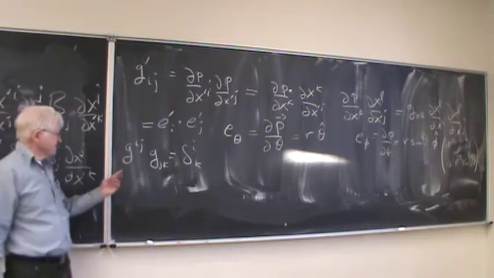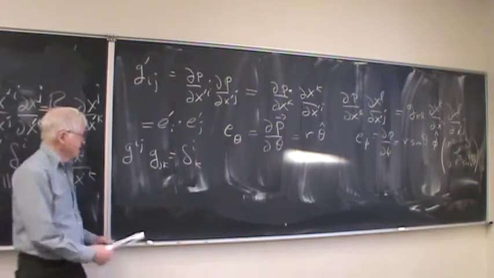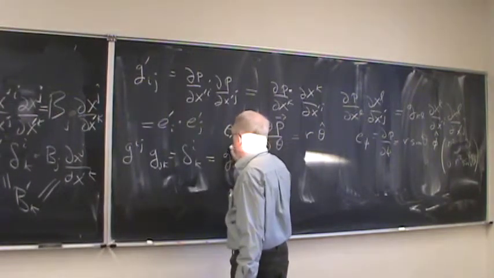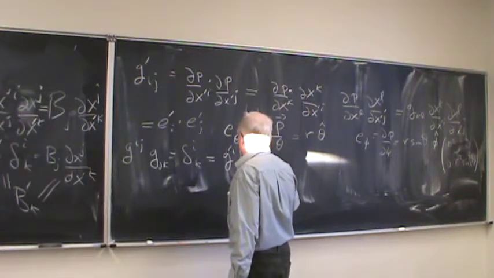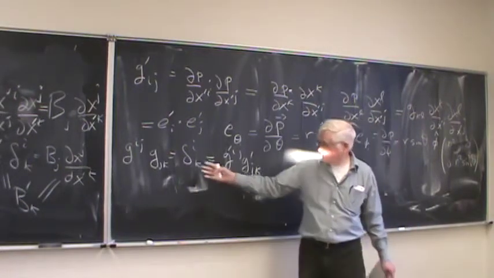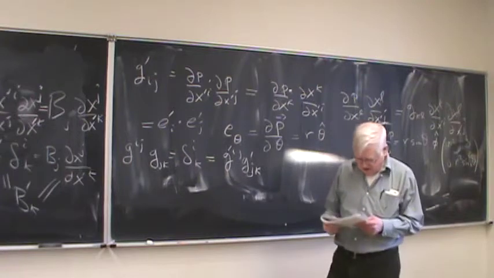And moreover, this is a tensor equation, so it's invariant. So it's also true that g prime ij g prime jk is equal to delta prime i k, which is the same as delta i k.